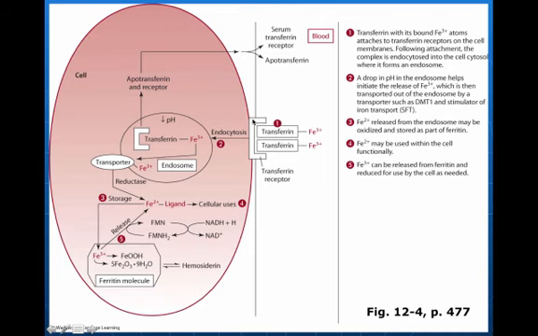This receptor binds transferrin. Remember transferrin typically is a dimer. Each one of these transferrin molecules is bound to an iron. Remember, it's oxidized. The receptor then binds the transferrin. It's endocytosed. So this complex is endocytosed.